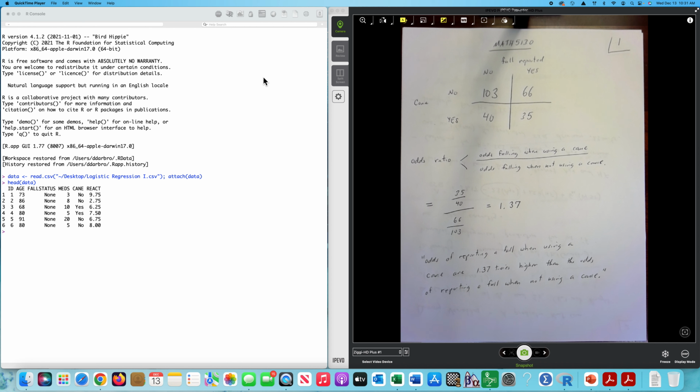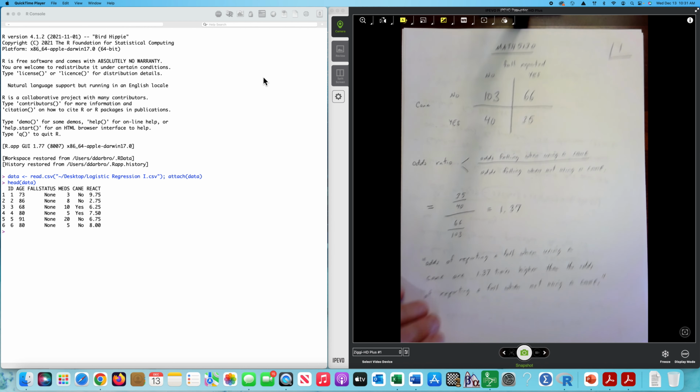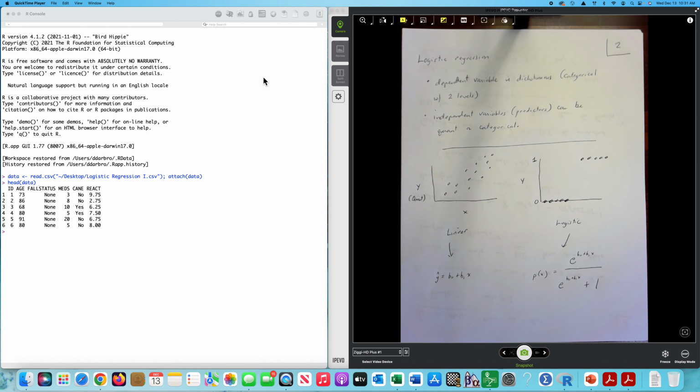But maybe people who are more likely to fall understand that and use a cane, but I don't know. That would be super interesting to dive deeper and see what is up with that relationship.